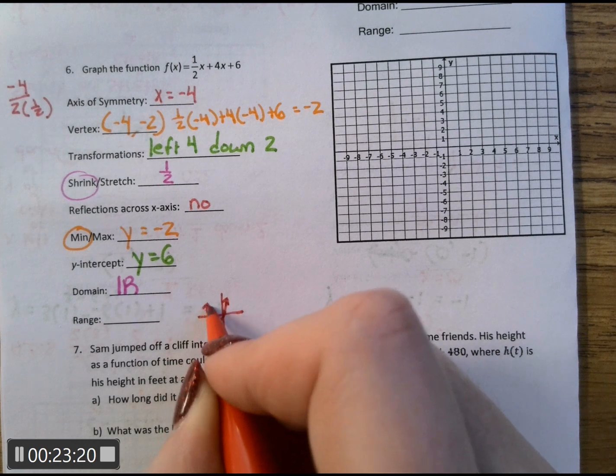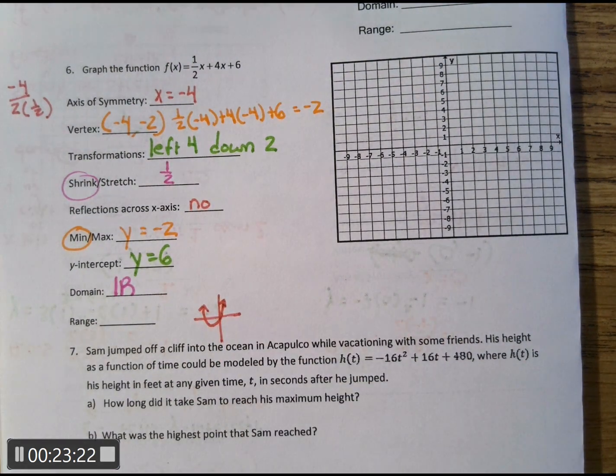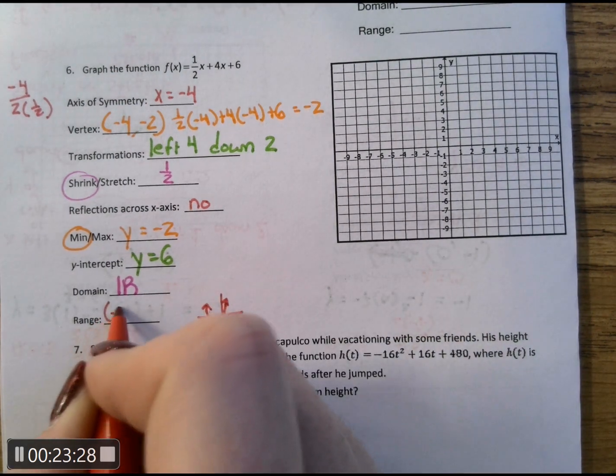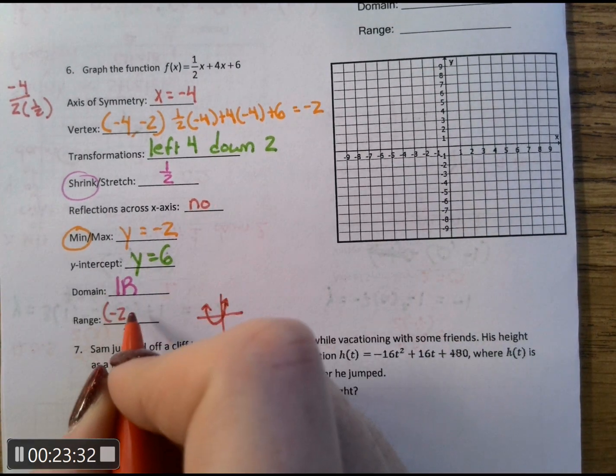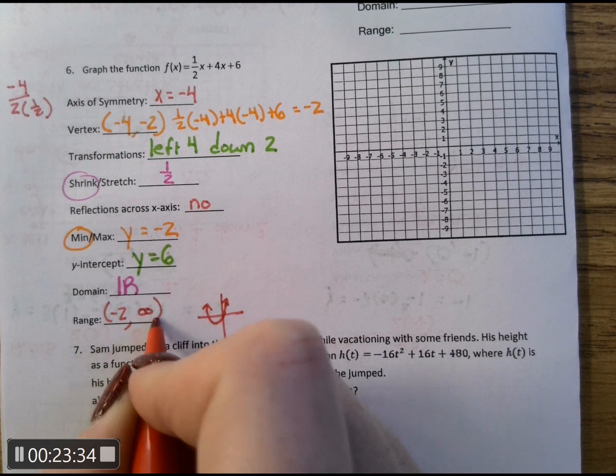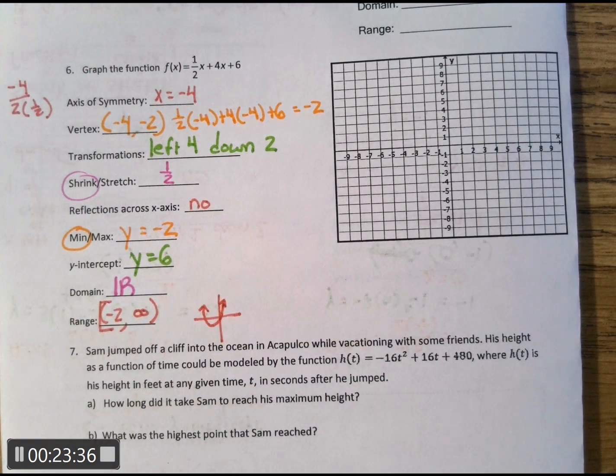Something like that. You know that it has to do with the y value of our vertex. Our y value of our vertex is negative 2, and then we will continue to go up. Now, let's check to see if we were correct.